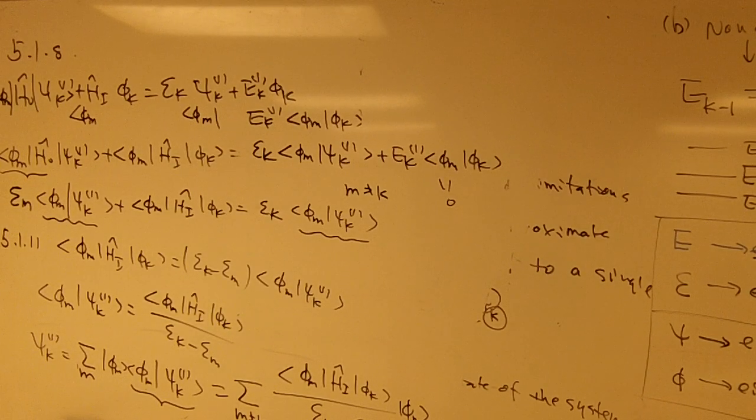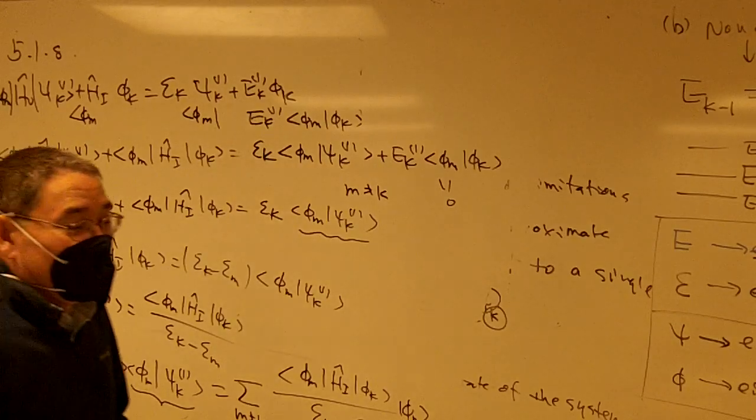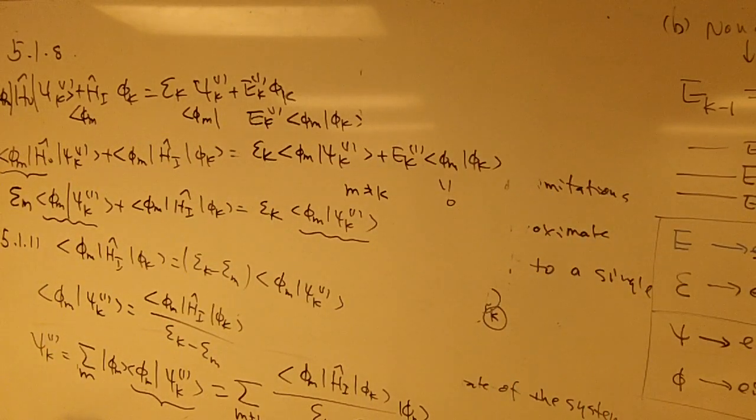Yes, you can see clearly here. So this is how the perturbation wave function is determined. Before we move on, let me summarize what we did so far. The first order energy correction is a diagonal element. You see, energy is a diagonal element. But a wave function is an off-diagonal element. So you see, n cannot equal k. That's the difference.